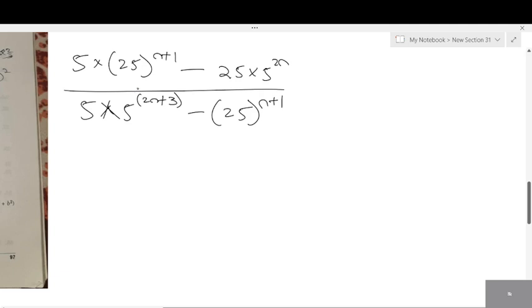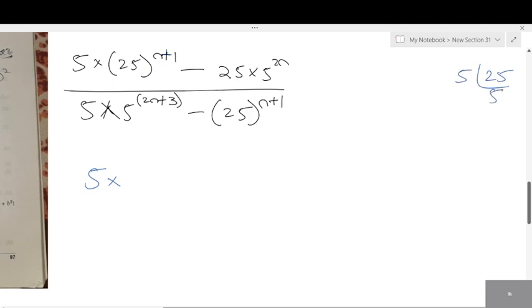Okay, let me explain the first step. All of you look at the screen. Look at the numerator. Does 5 have any power? Unmute and answer, students. Keep it multiplied. What about 25? The power is a variable. So what's the rule I told? If it has a variable, what do you have to factorize?